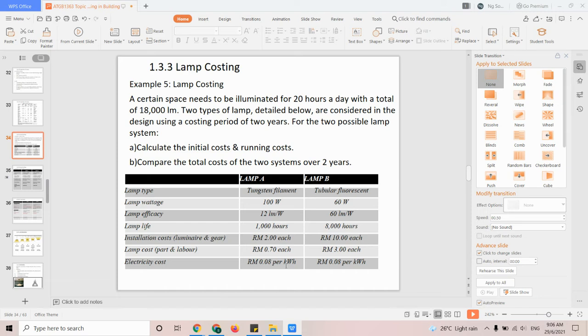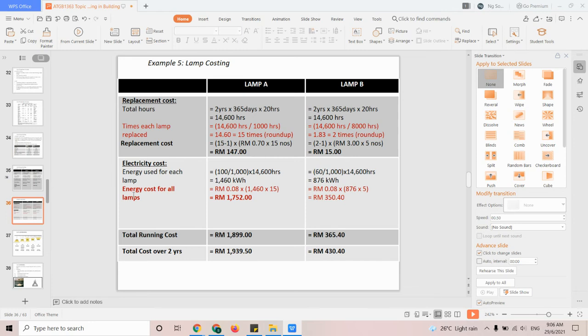If it's an M here, then you have to divide it by 1,000,000. So M is 1,000,000. Okay, just so you know.